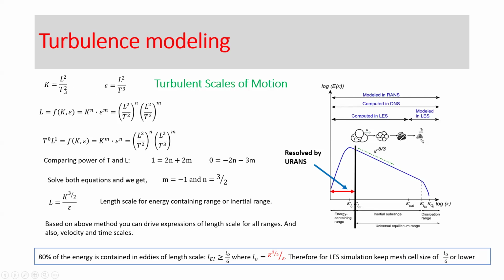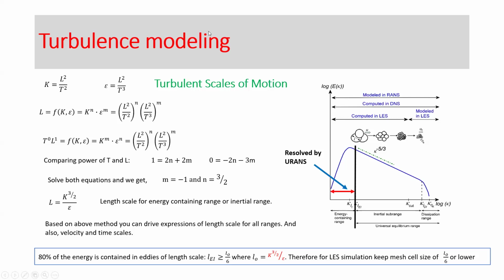Now if I want to find the function for the length scale, length is the size of the eddy. So I can write L as K to the power n times epsilon to the power m, and I don't know the value of n or m. So I put K, which is L squared upon T squared, to the power n, and epsilon, L squared upon T to the power 3, to the power m.